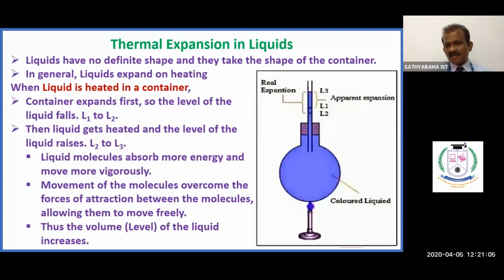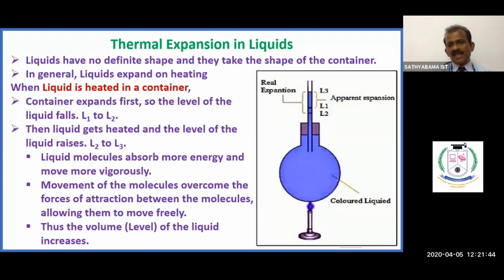Take a conical flask, best a glass conical flask, with its mouth closed by a cork, and insert one capillary tube at the center of the mouth. Take the colored solution inside the conical flask till the middle of the capillary tube, and note that level of the liquid, that is L1. So L1 is the initial level of the liquid. At that time the volume is V1.